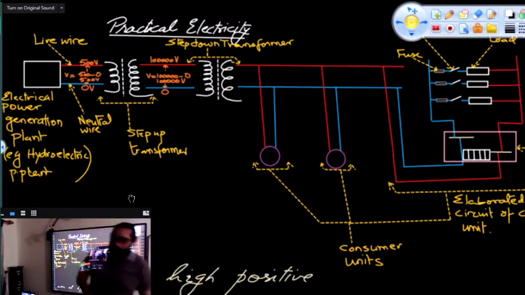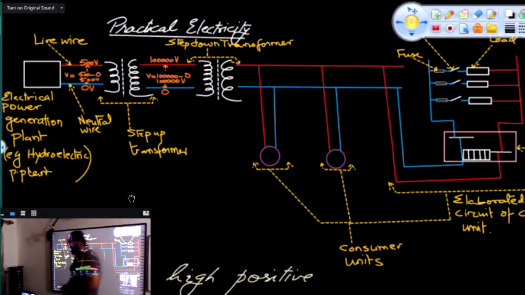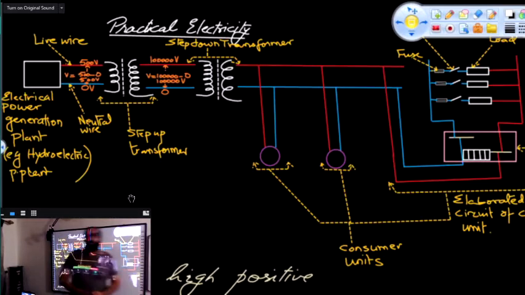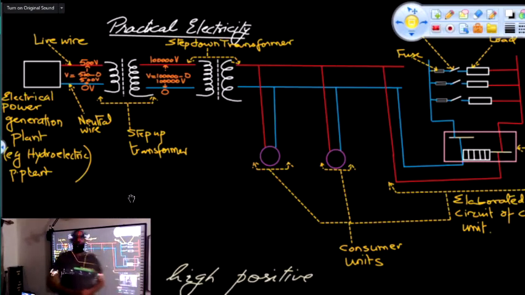A step-up transformer is basically an electrical component which can convert low voltage at large current to large voltage at low current. I'm repeating this: a step-up transformer is a transformer which can convert low voltage at large current to large voltage at low current.